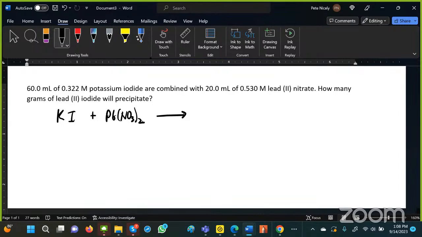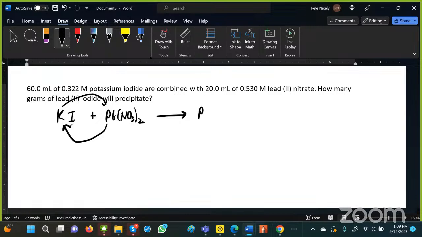Yeah, so what would be the result of switching? Well, if this switches with this, what will be the result? Nope, it's switching. Because remember, potassium and lead are both cations.